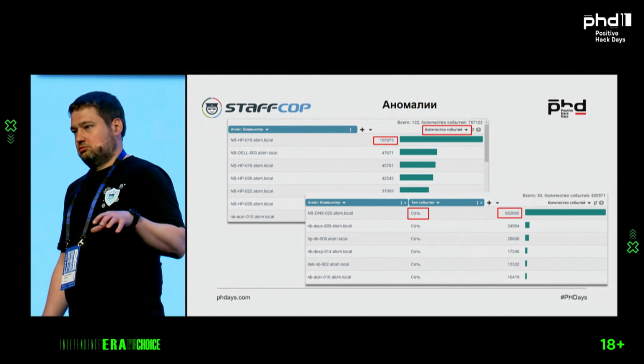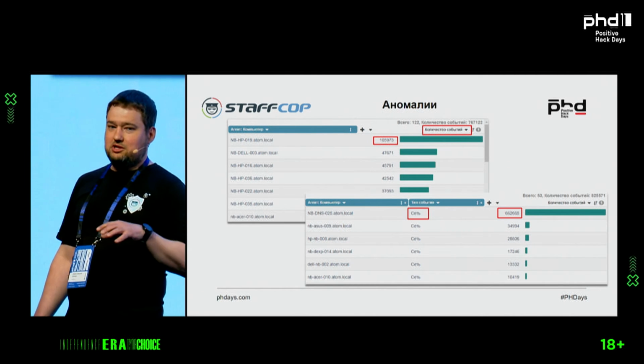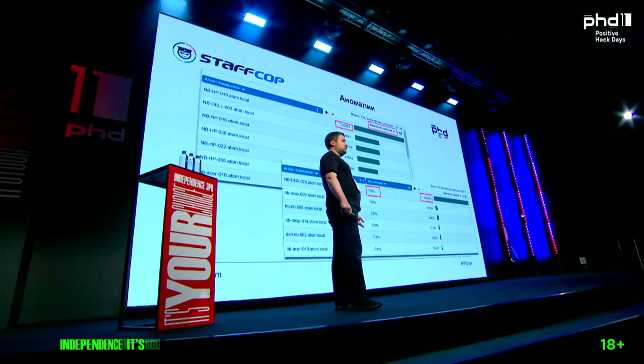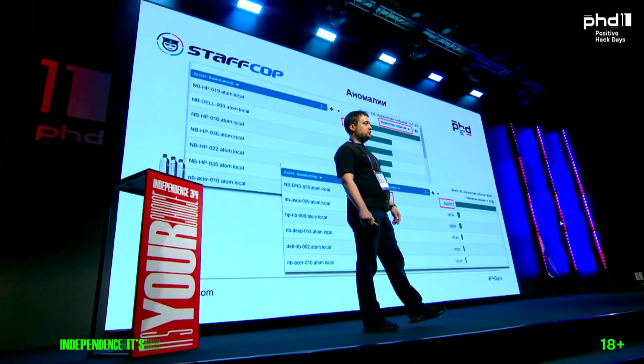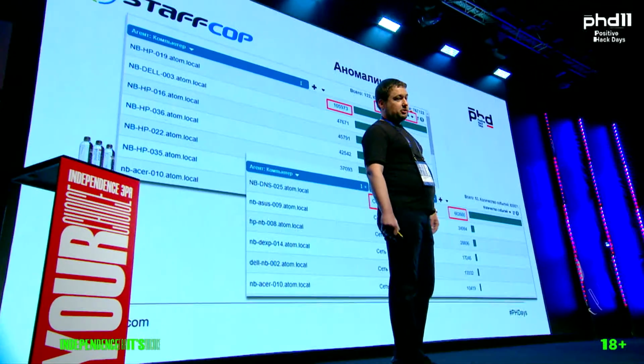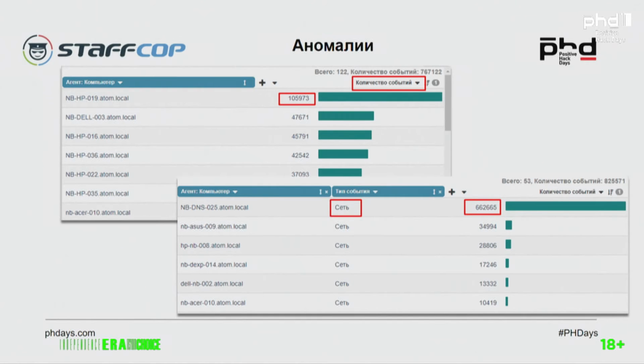Anomalies. On average, a person in one department takes certain actions for a certain time. And we have tens of thousands of events of a certain kind. And with one person, one employee, you have 100,000 events. Why? So there is a bot which operates.